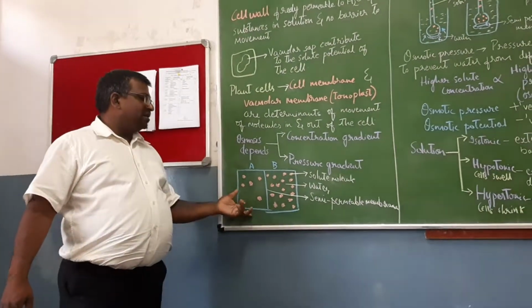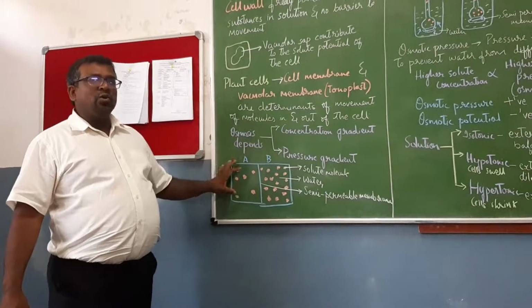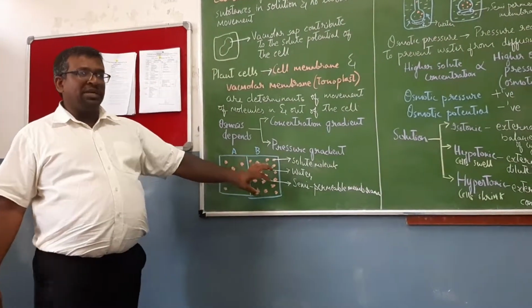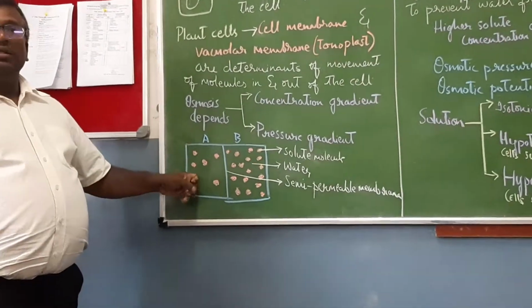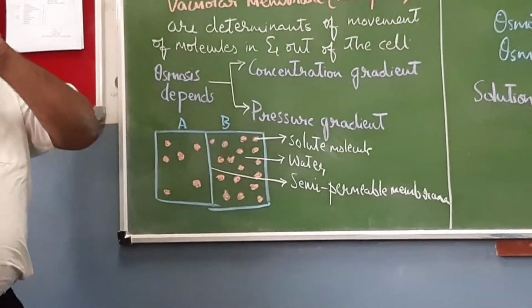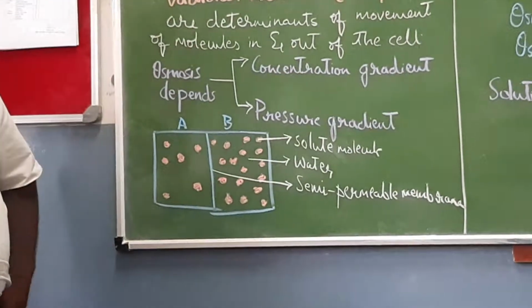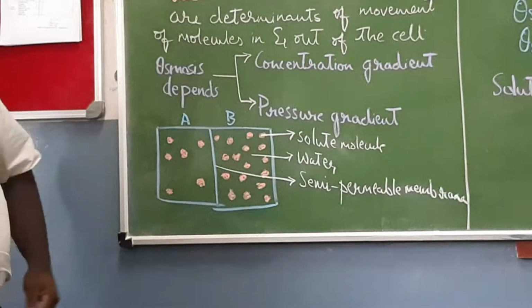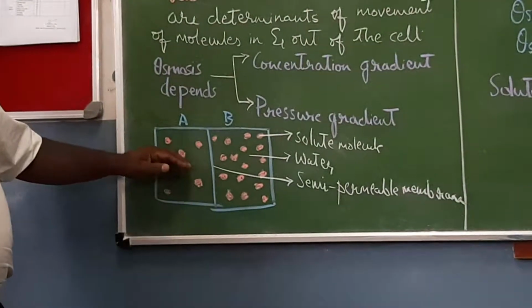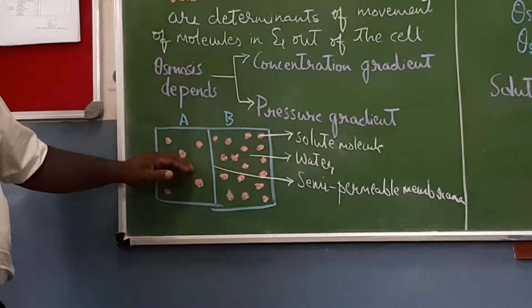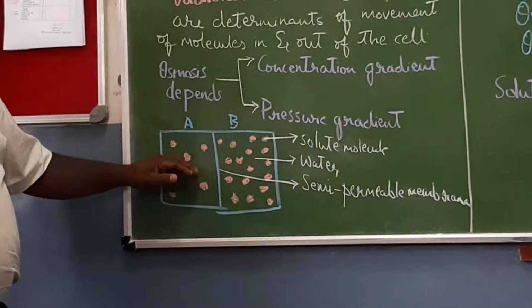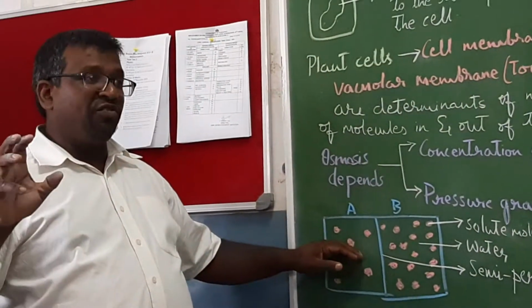Now take a simple example: there are two osmometers, osmometer A and osmometer B. Which has the higher water potential, A or B? A has the higher water potential. I am not talking about concentration, I am talking about water potential, the presence of water.